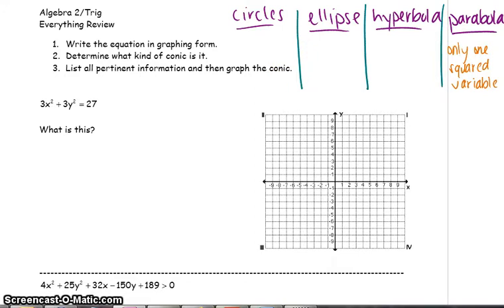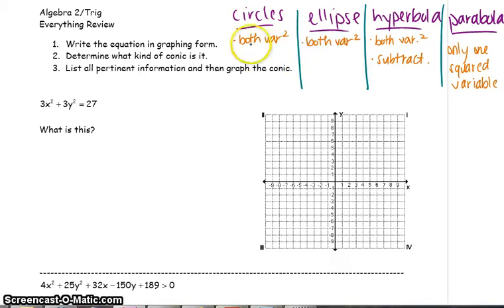Now, the next easiest one is hyperbola, because you'll have both variables squared. And then the next thing is you'll have a subtraction in there. Okay? Now, ellipse and circles are very similar. You'll have both variables squared for both of them.